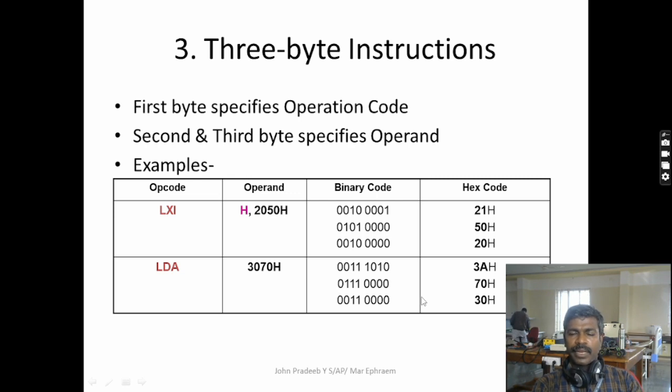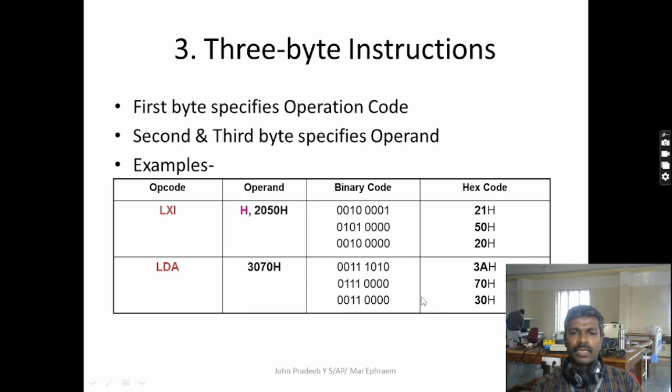So how can we differentiate these? In a 1 byte instruction there are no numbers present. A 2 byte instruction has only 2 hexadecimal digits present. A 3 byte instruction has 4 hexadecimal digits present in the instruction itself. From this we can identify the instruction size.